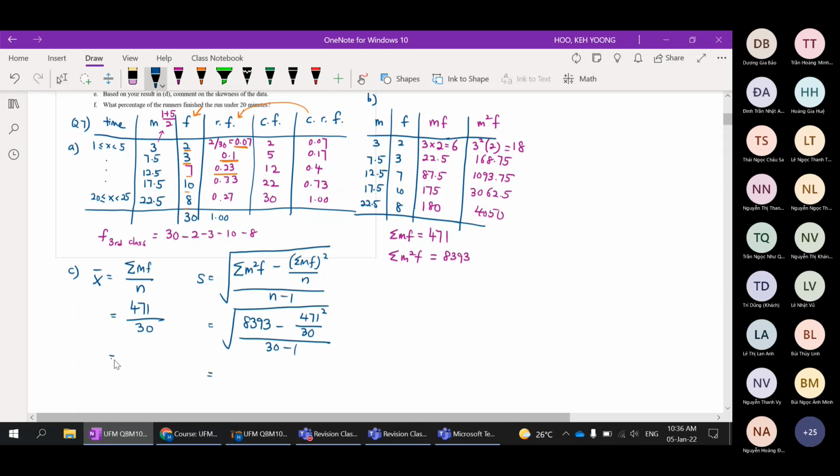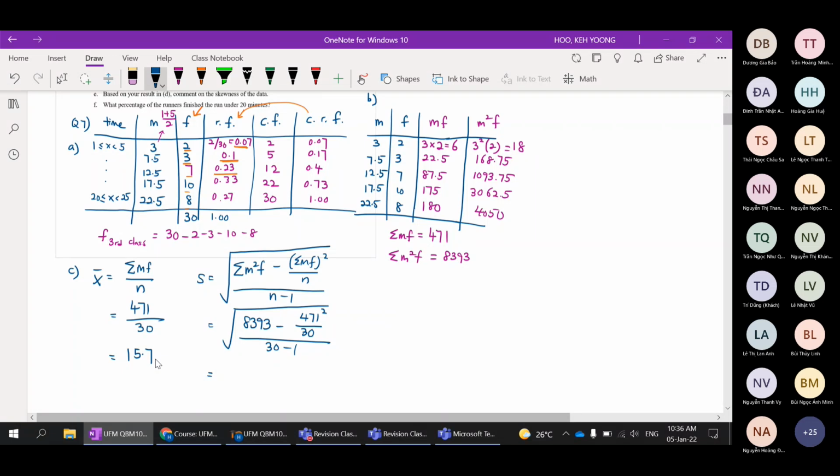Let's calculate this. What answers do you get for the mean? You got 15.7. Standard deviation, it will always be positive. The answers for standard deviation and variance are always positive.